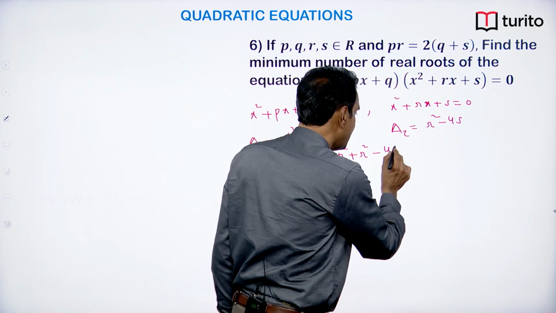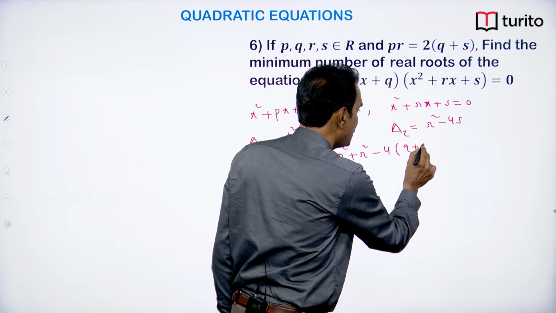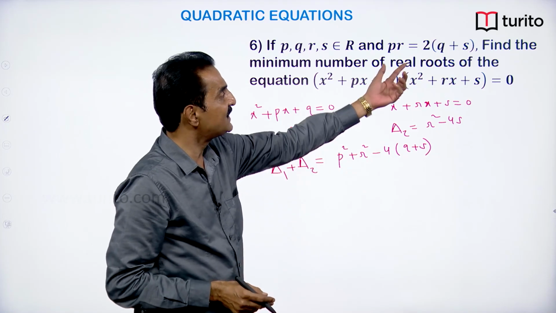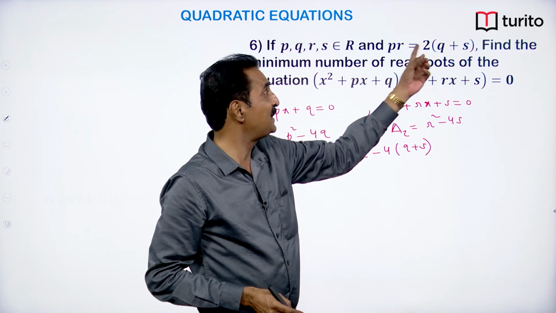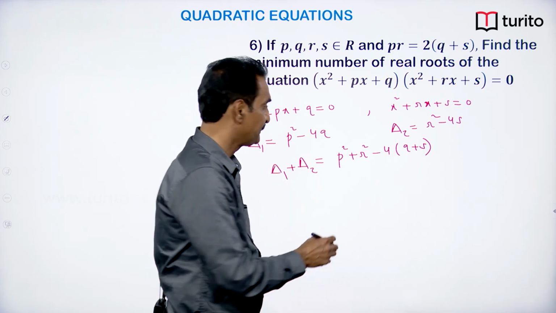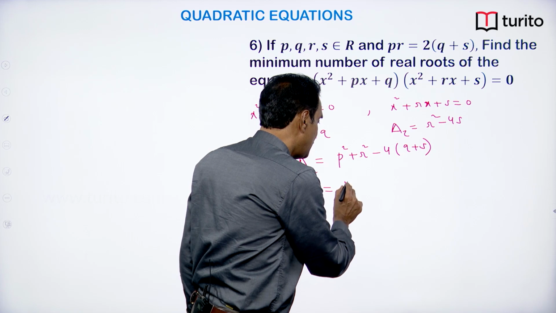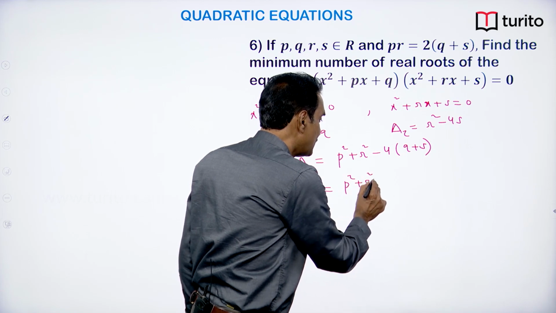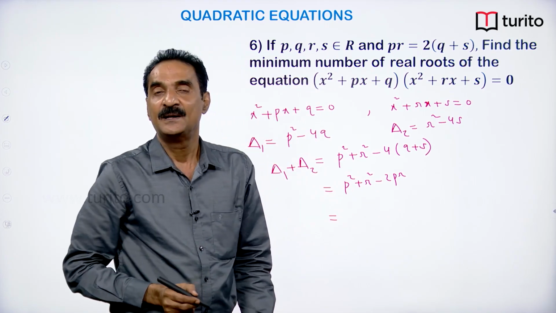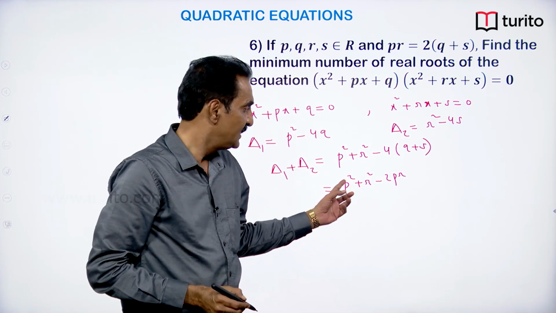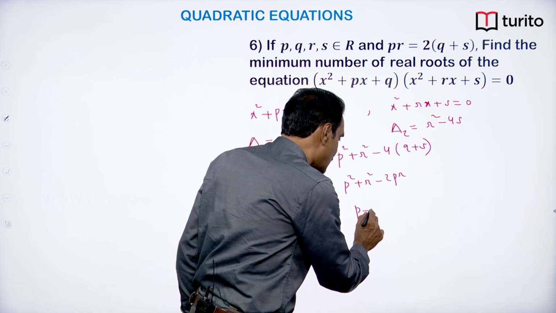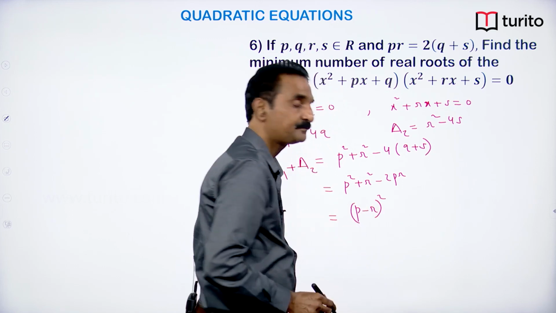So, minus 4 into q plus s. Okay. Now, let us use that condition. 2 into q plus s is pr. So, this will be minus 2 pr. It will be p square plus r square minus 2 pr. What is it? It is a perfect square, a square plus b square minus 2ab form. You can write it as p minus r whole square.